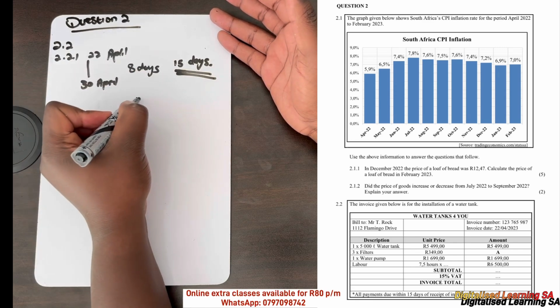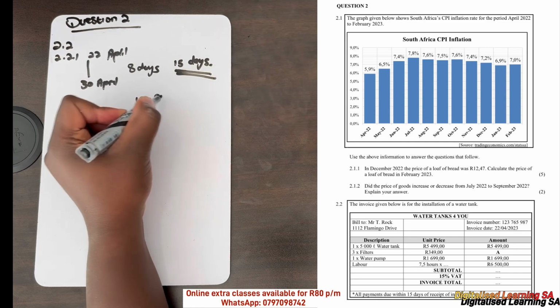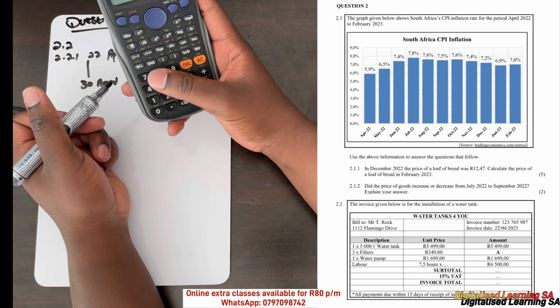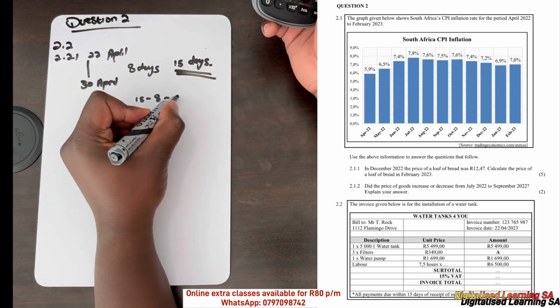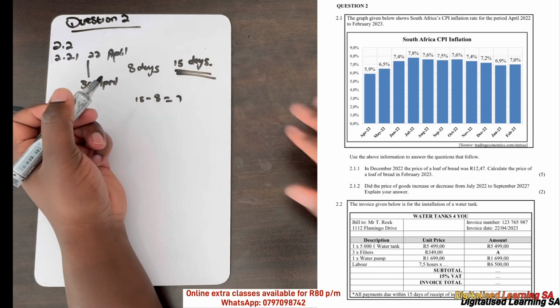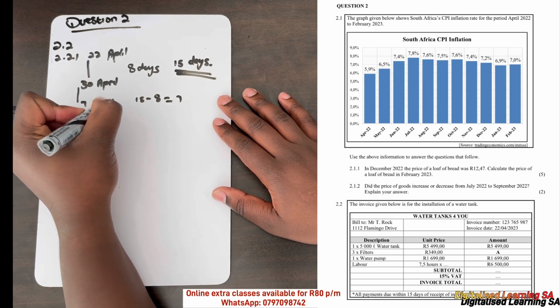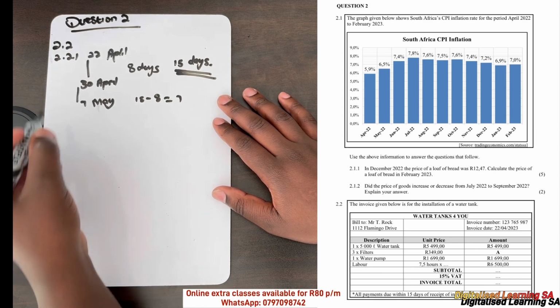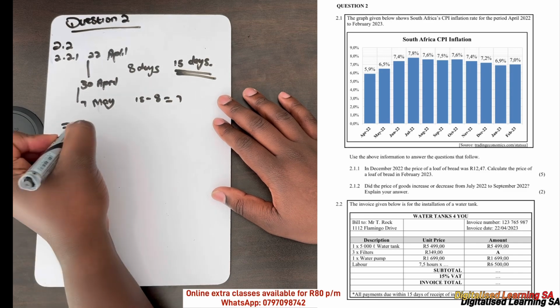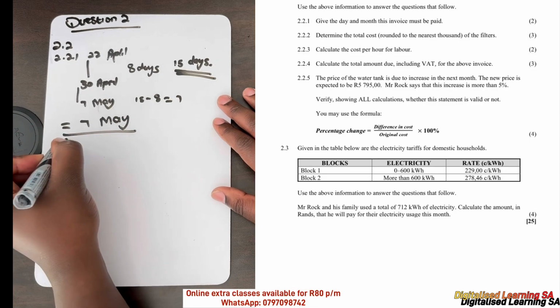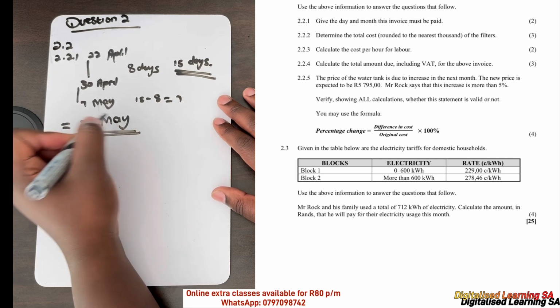And then 15 minus 8, we are left with 7, meaning that this will be due on the 7th of May. So our final answer will be 7 May, the day and the month.